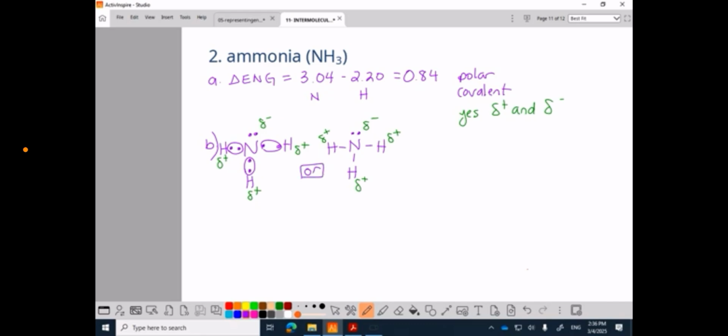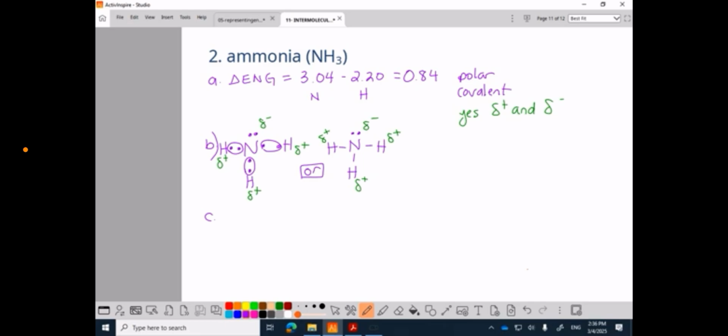Okay. So again, yes, part C is doing the intermolecular force, but you could certainly have done that after figuring out it's polar covalent. We need to check: is it possible for nitrogen and hydrogen to hydrogen bond with each other? And the answer is yes.